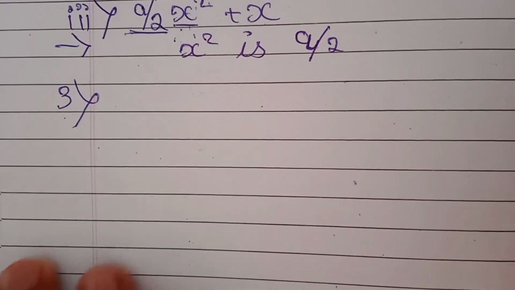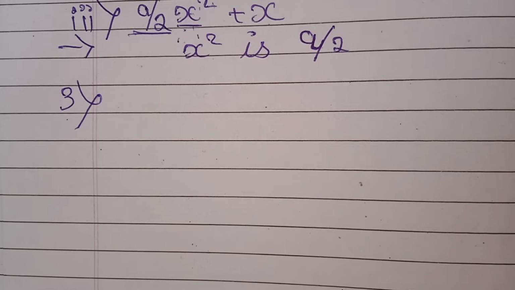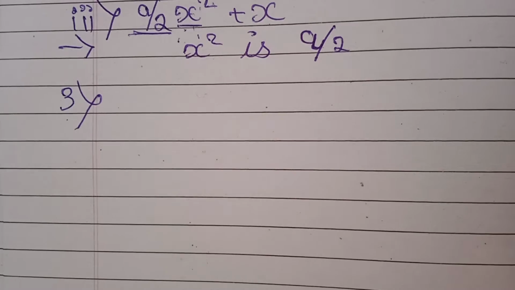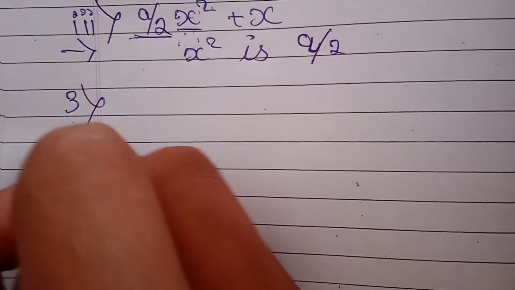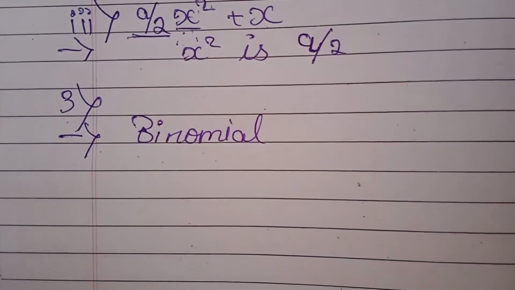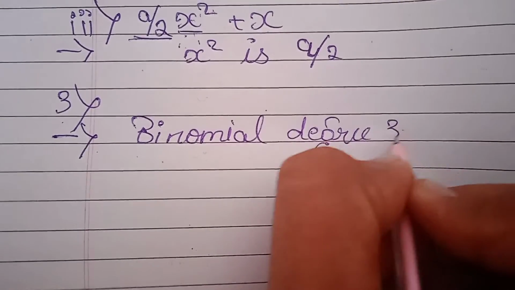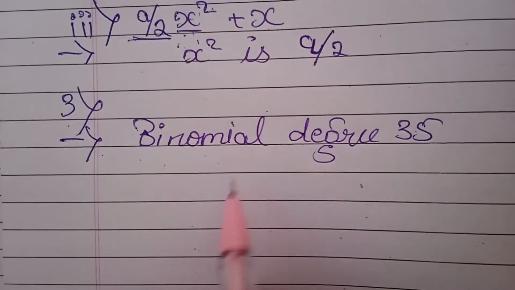Third question is give one example each of the following: a binomial of degree 35 and a monomial of degree 100. They said that we should give an example of a binomial which should have degree 35.